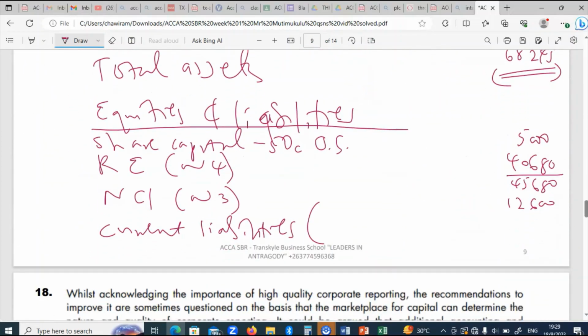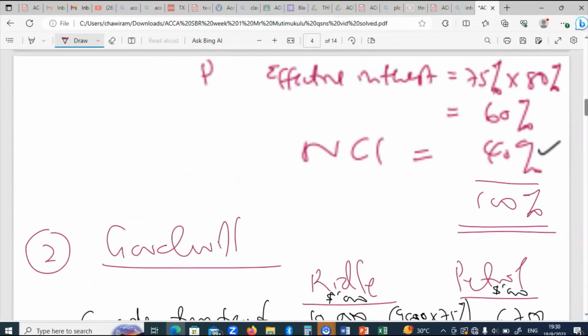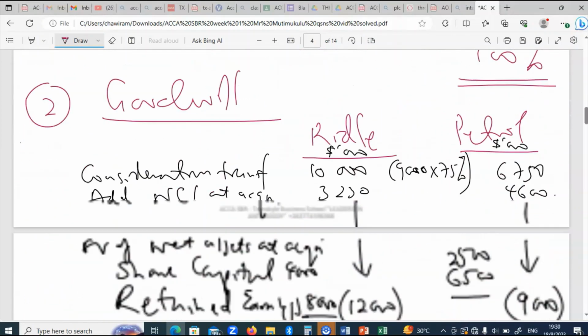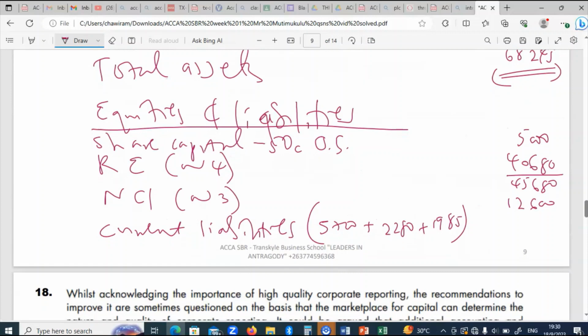So that's, we have got 5,722 plus 2,280 plus 1,985. Let me cross check. Yes. So the total there should be 9,965.